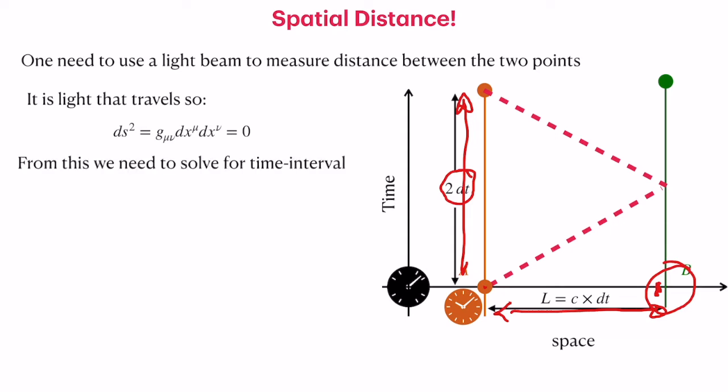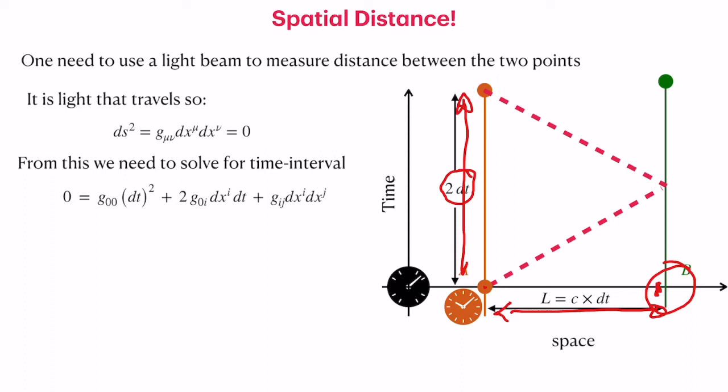Now we can explicitly write this in terms of time and spatial coordinates, that is 0 = g00 dt² + 2 g0i dx^i dt + g_ij dx^i dx^j, where i goes from 1 to 3, so the dx^i's are only spatial displacements.